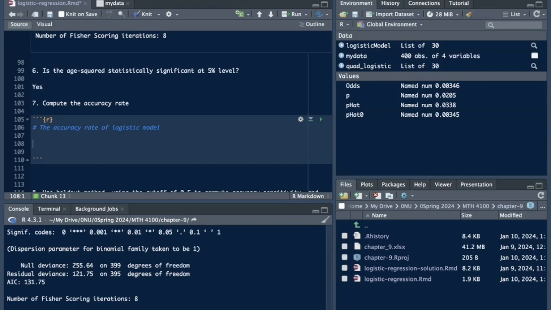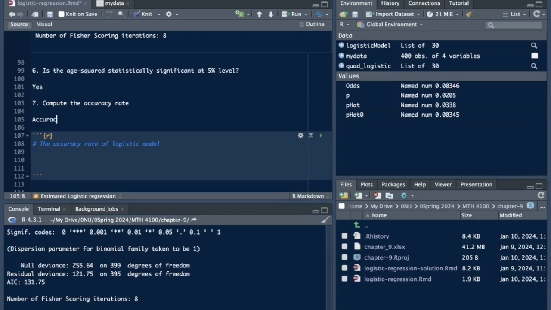What is the accuracy rate? The accuracy rate, if you remember, is the number of correct predictions divided by the total number of predictions, the ratio of correct predictions to the total number of predictions.